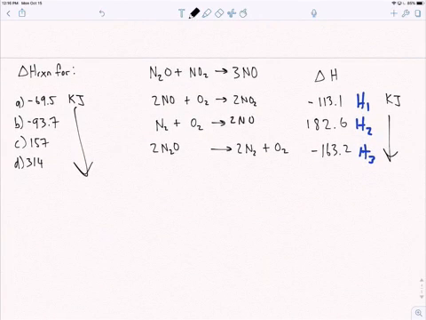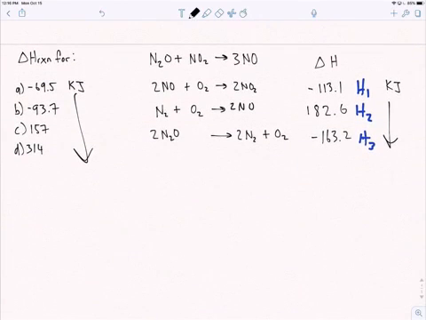Okay. Now it's your turn. I want to know the heat of reaction for N2O, dinitrogen monoxide, plus nitrogen dioxide makes 3 nitrogen monoxides.